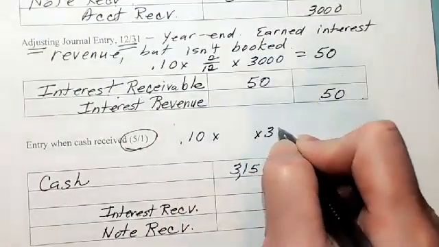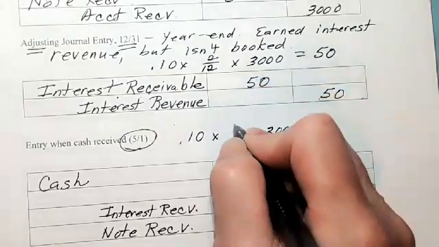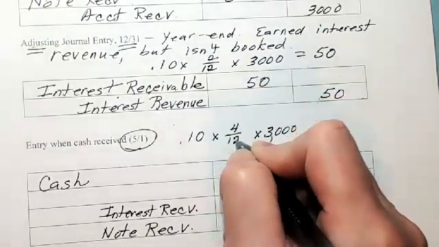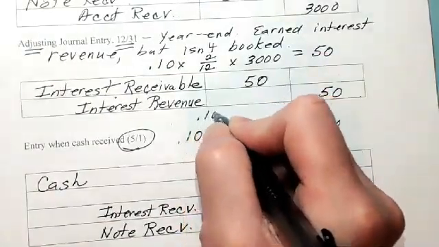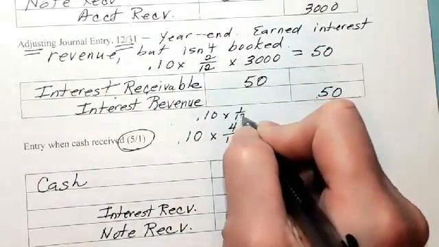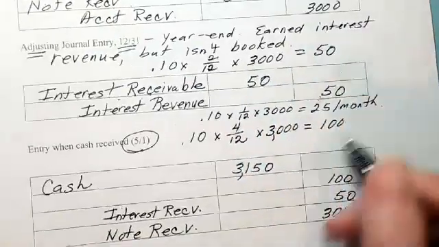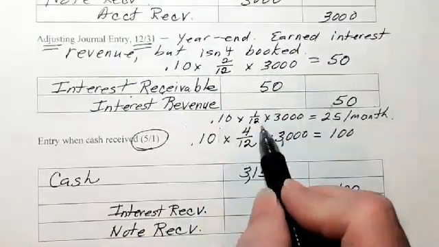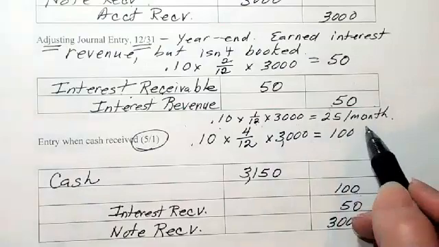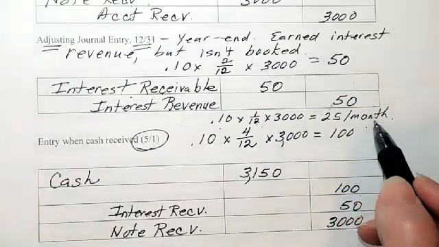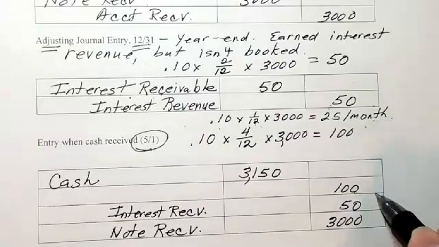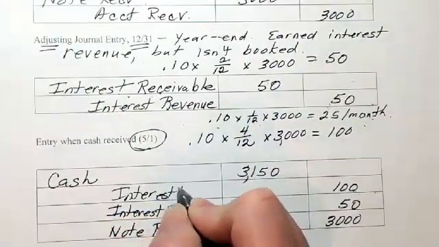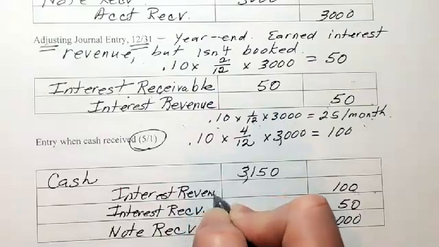Again, our rate times time times principal, and we determined this was 4 out of 12 months. If I just take it times 1/12, that comes up with 25 per month. I knew 2 months go up here, and I know 4 months go down here. So this is my interest revenue.